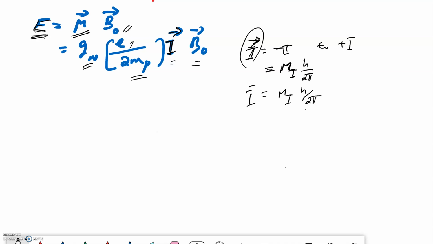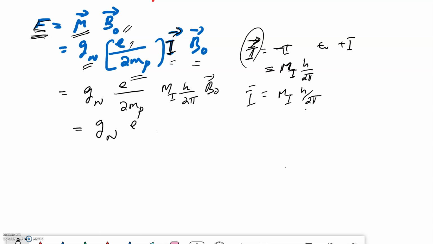And substituting this here, we get Gn e divided by 2mp into mi h by 2 pi into B0. That is equal to Gn into eh divided by 4 pi mp, into mi into B0.